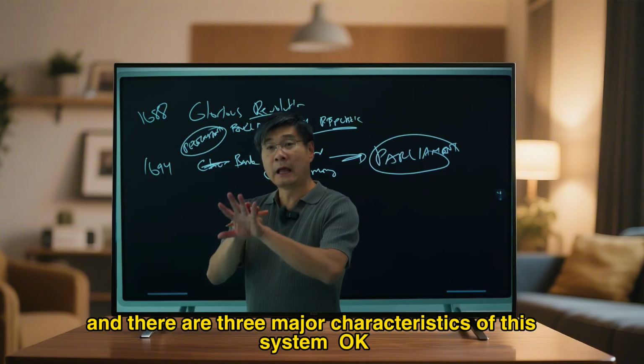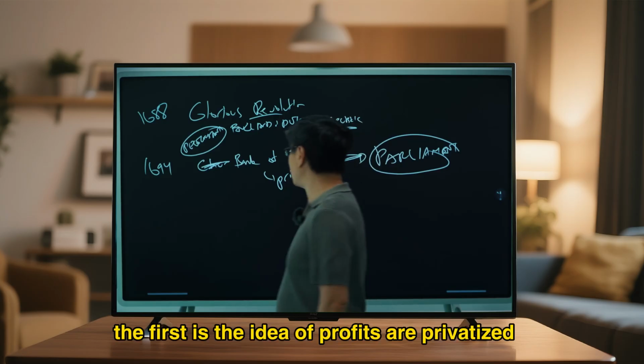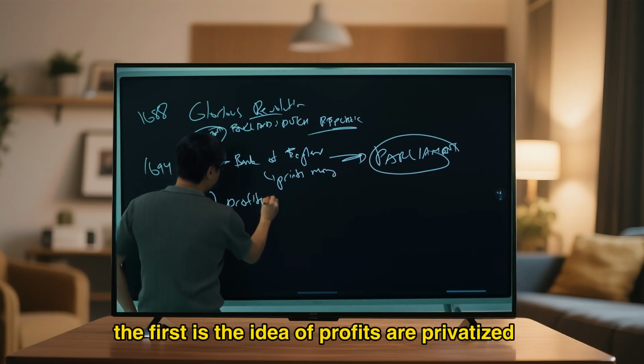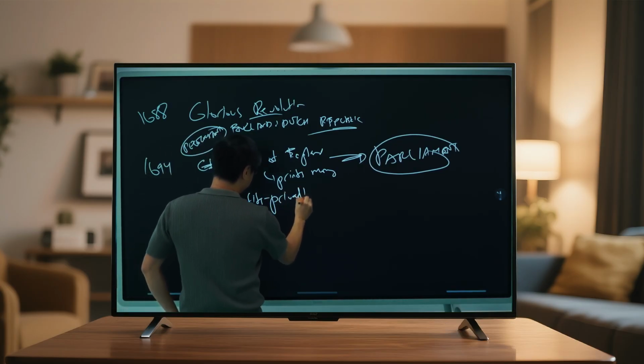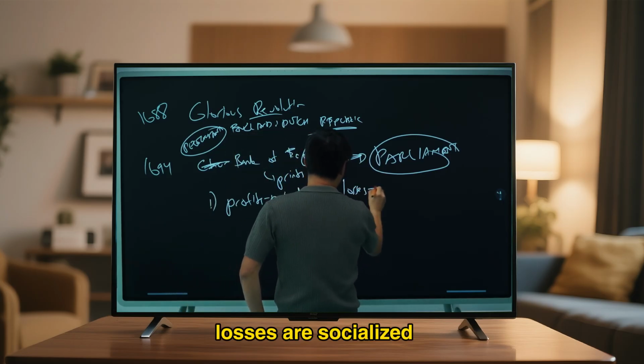And there are three major characteristics of this system, okay? The first is the idea of profits are privatized. Losses are socialized.